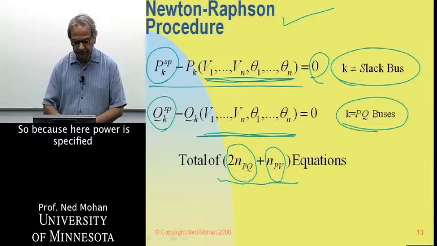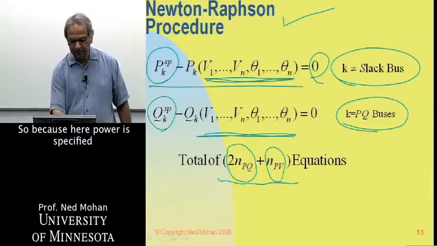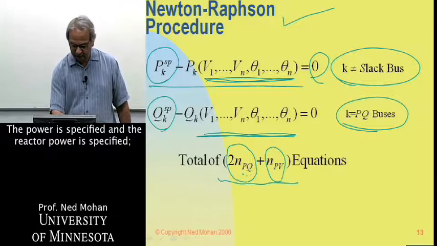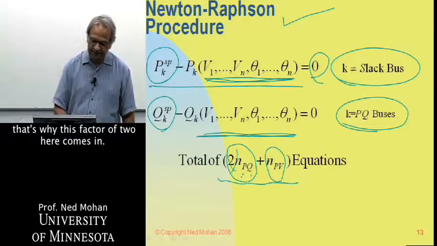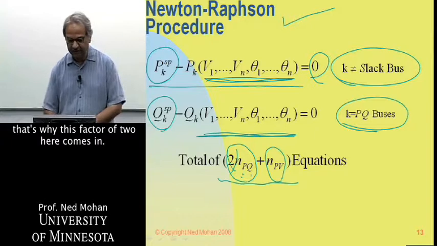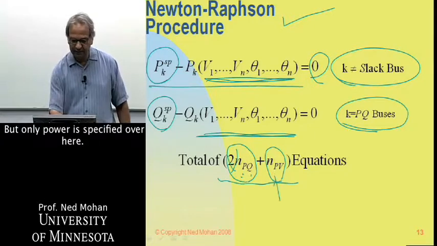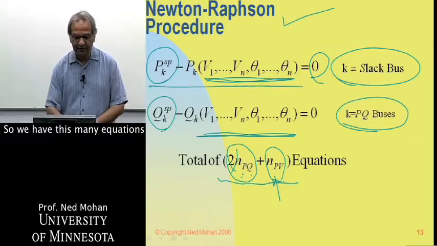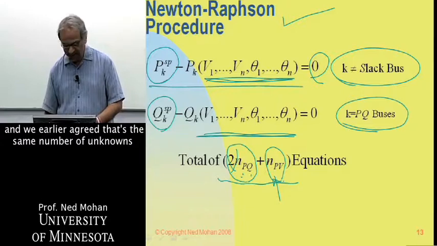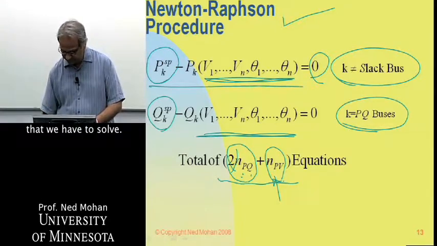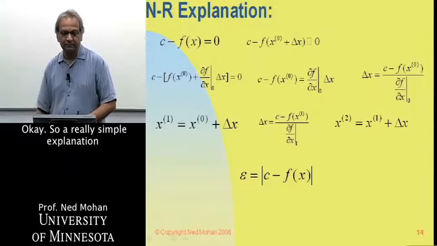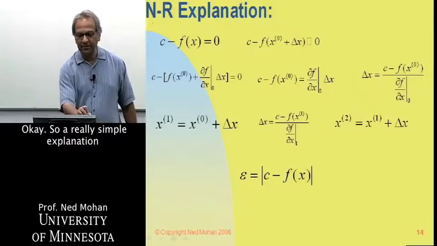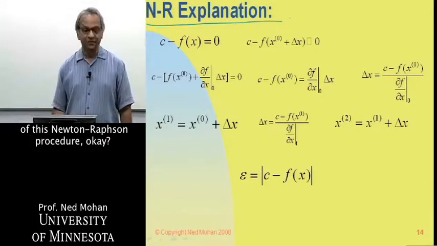Because here power is specified and the phase angle is specified, power is specified and the reactive power is specified, that's why this factor of 2 here comes in, where only power is specified over here. So we have this many equations, and we earlier agreed that that's the same number of unknowns that we have to solve. So a very simple explanation of this Newton-Raphson procedure.